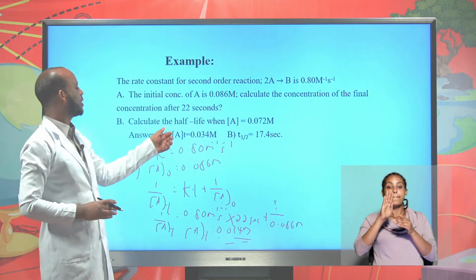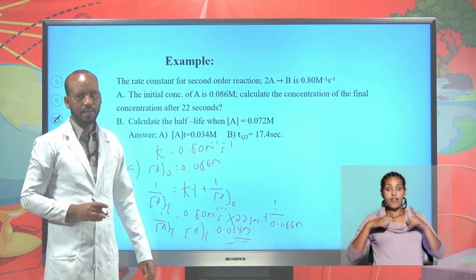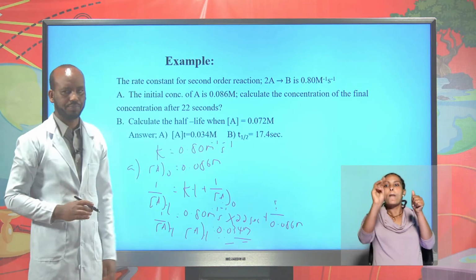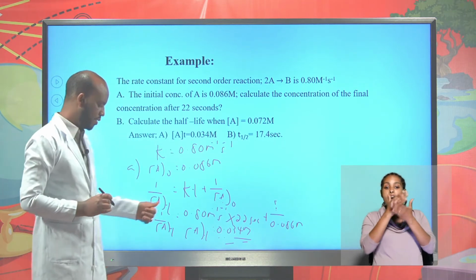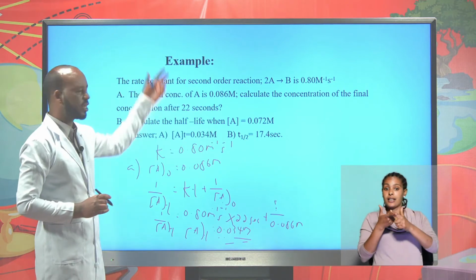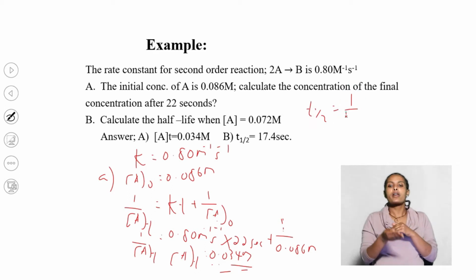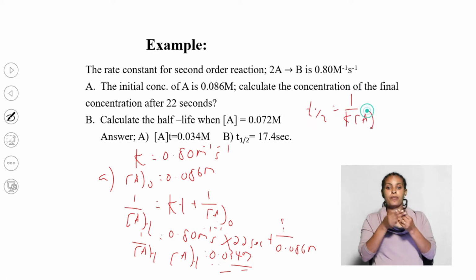B, calculate the half-life when the concentration of A equals 0.072 molar. The half-life of a second order reaction is t half equals 1 over K times the initial concentration A naught.